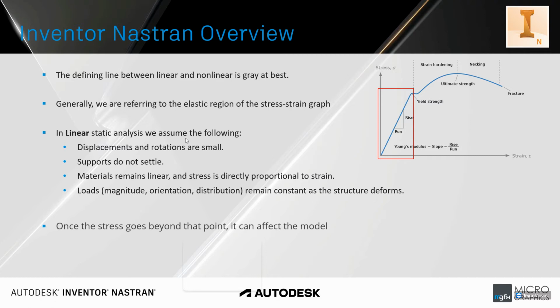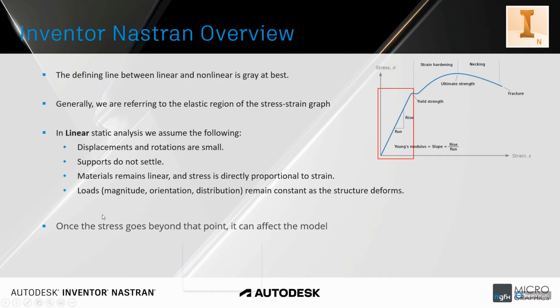The material remains linear throughout our analysis, meaning that it doesn't approach any yield stress. And this is where we will know that we're dealing with stresses that are a lot less than the maximum yield stress. Right?